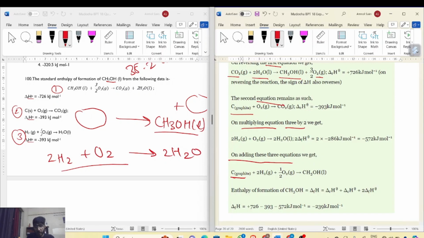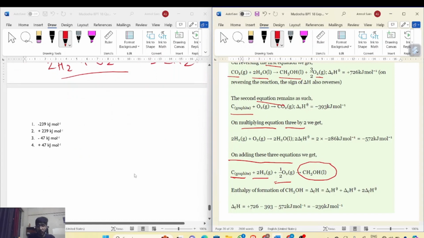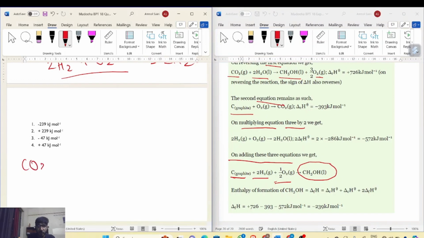We will get carbon graphite, hydrogen, and a half mole of oxygen as reactants, and CH3OH as product. First of all, we reverse equation number 1: CO2 in gaseous form plus 2 moles of H2O gives CH3OH plus 3 by 2 moles of O2.